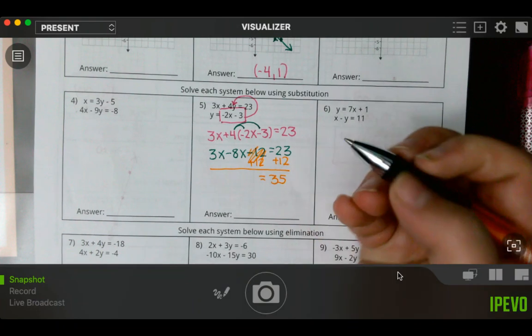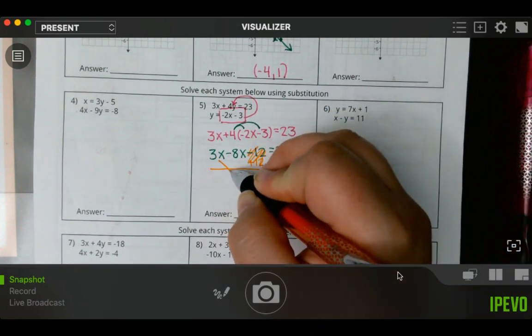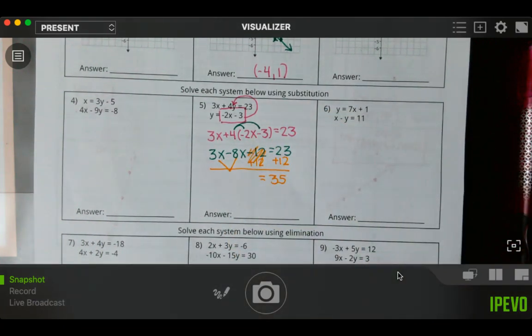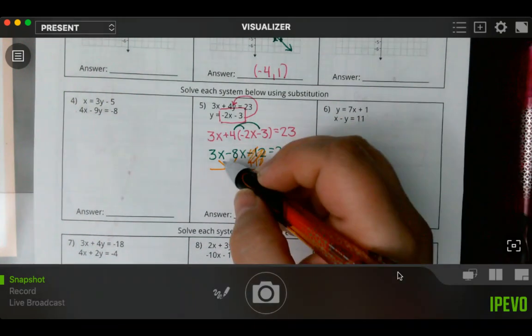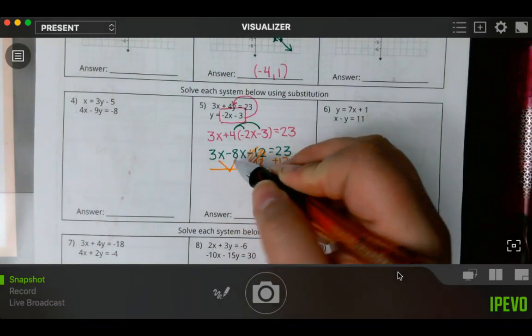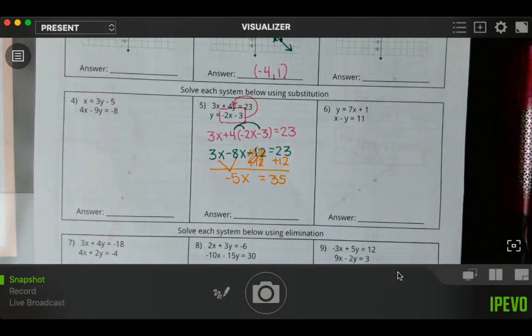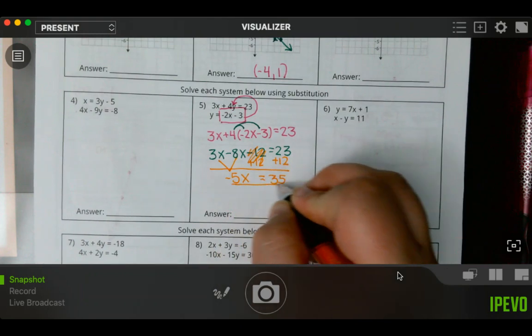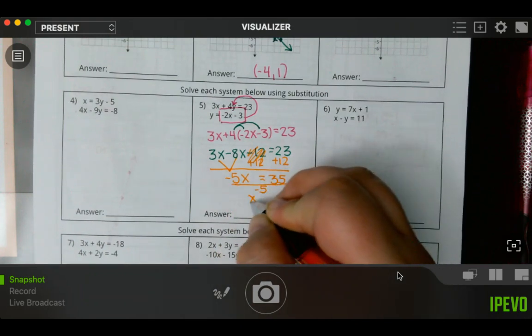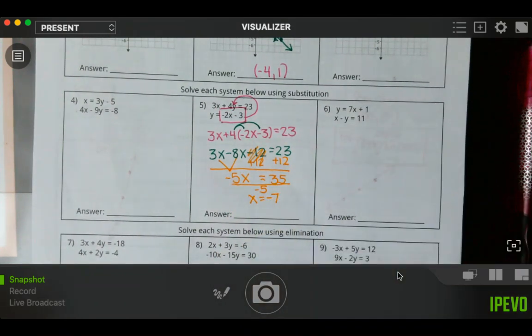I'm also going to come over here and say, hey, 3x minus 8x, they're on the same side already, so don't do any fancy opposites or flipping or anything. Just simply 3 plus -8 is -5x. And then you divide by -5, and you get x equals -7.